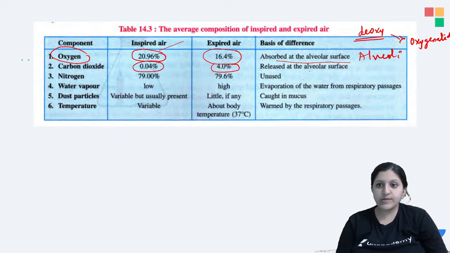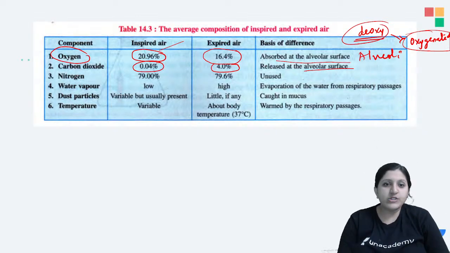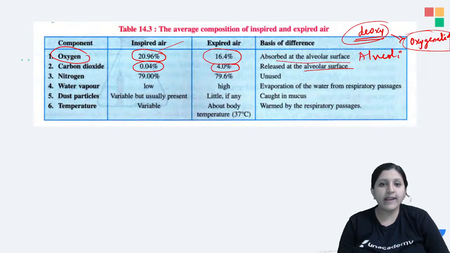This is released at the alveolar surface, where again the exchange is occurring. Deoxygenated blood is getting oxygenated, and the carbon dioxide is left outside. So this is the composition of inspired and expired air.